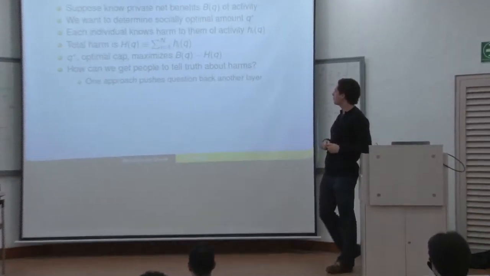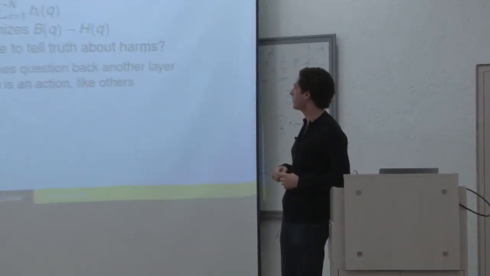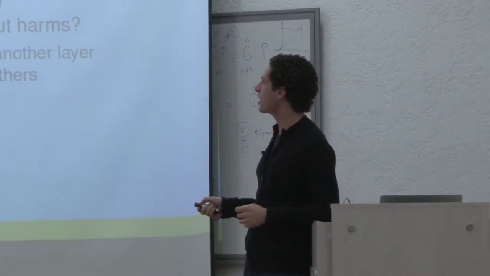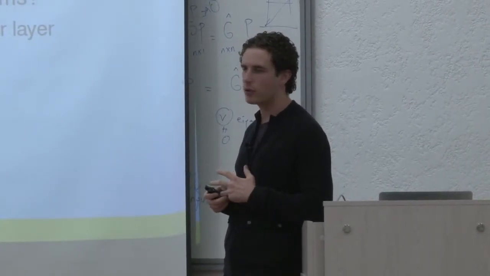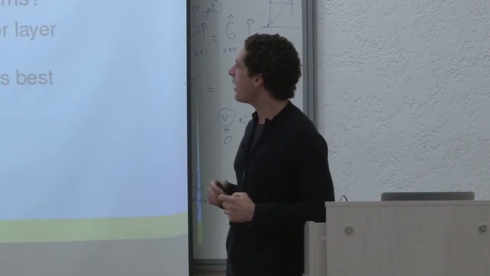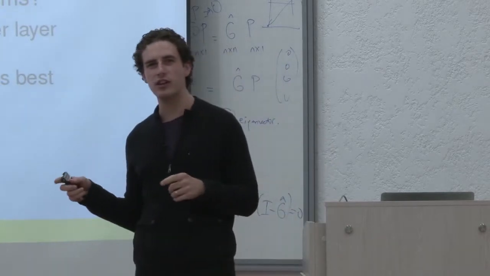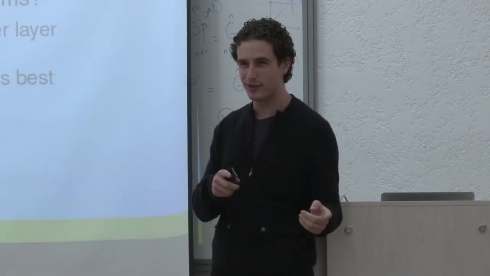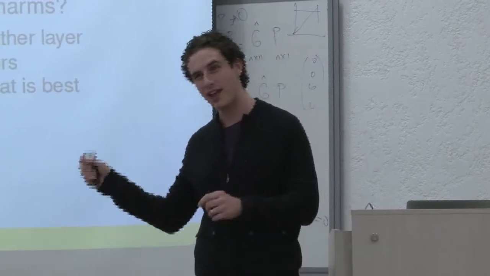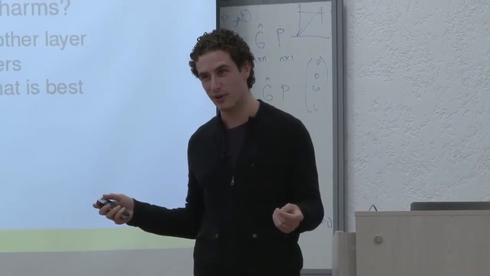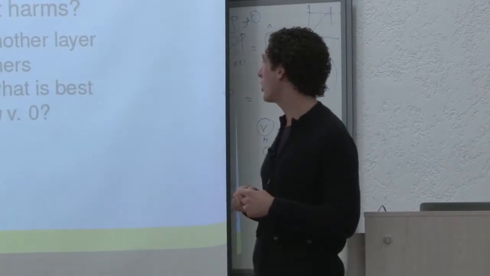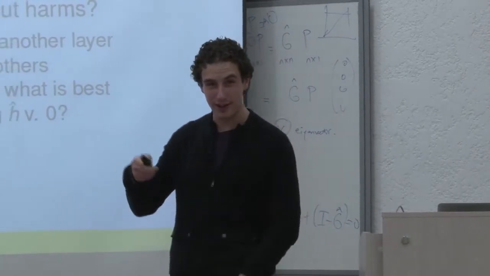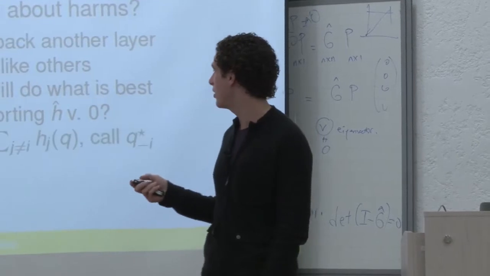One approach is to push the question back another layer. Imagine I report H_i equals H hat. I report that my cost as a function of the quantity is something like that. Then, if I pay the externality that it causes on other people, that I reported H_i equals H hat rather than 0, then I'm always going to have an incentive to report truthfully. But what are the externalities of my reporting H hat rather than 0?